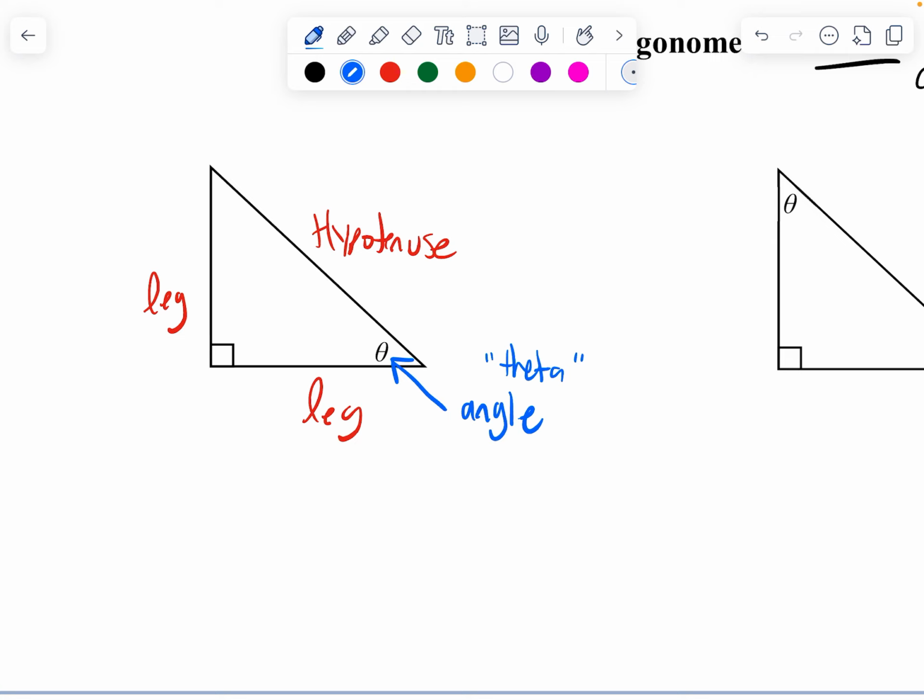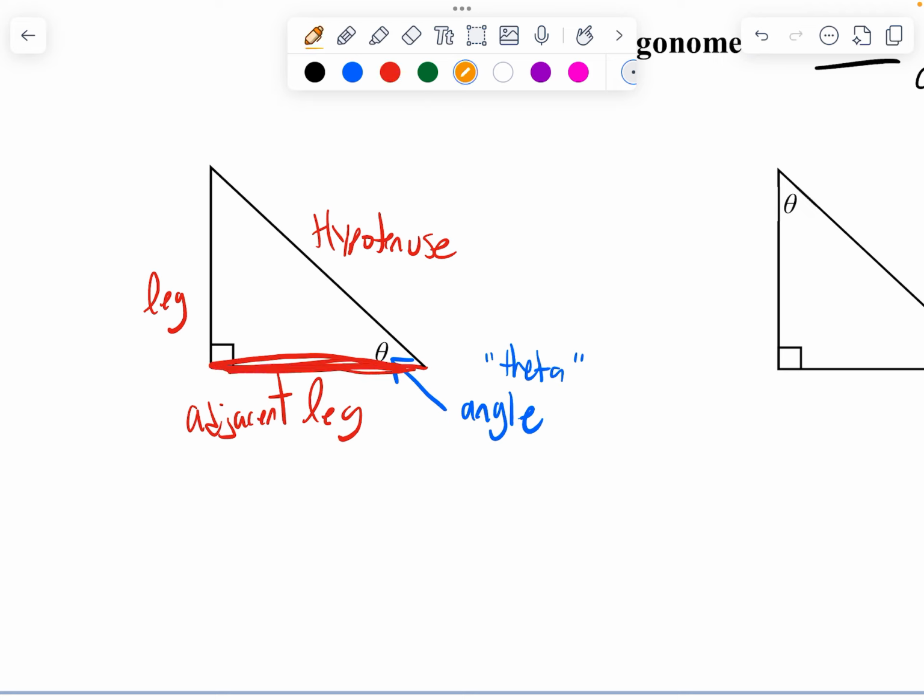All right, so we're looking at this and we say, according to this angle, can we be more specific about which leg we're talking about? Sure. You notice that there is a leg right next to theta. In fact, it is adjacent to theta. Adjacent means right next to. So we have what's known as the adjacent leg, which is the bottom leg of the triangle.